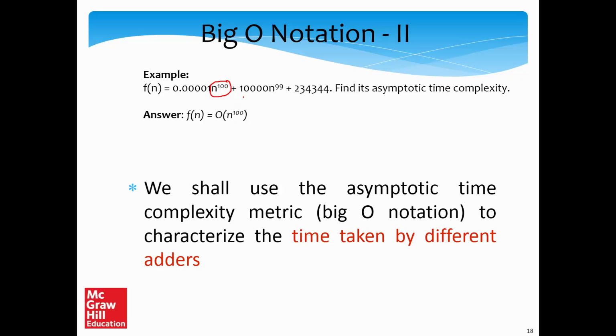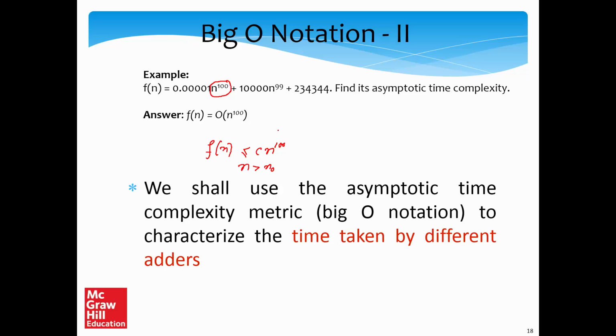Why is this the case? Because we can always find, say if this is fn, a constant c such that fn is less than c times n to the power 100 for a certain n greater than n0. So basically we can always find something of that nature.